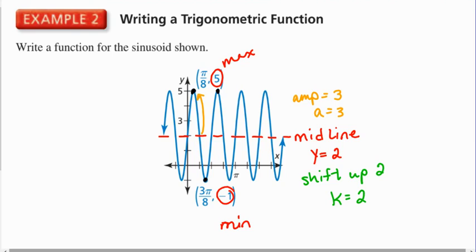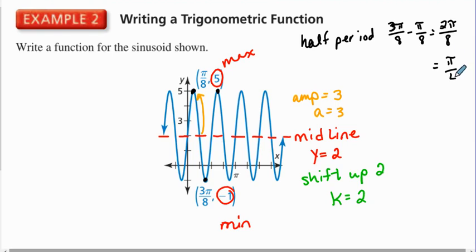Okay, so I've got half of a period in 3 pi over 8 minus pi over 8. If I subtract those, I get 2 pi over 8. And if I reduce that fraction, I just get pi over 4. That's half of a period.